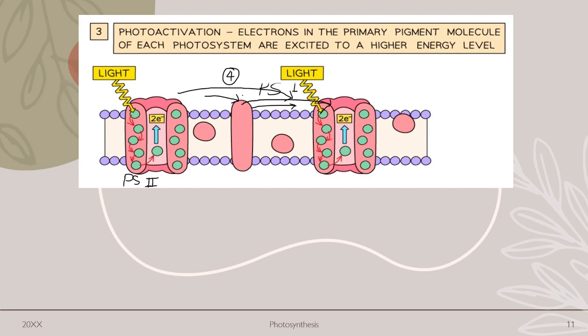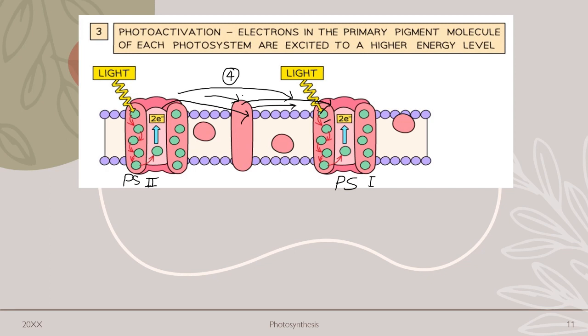Let me show you. This is photosystem 1, and this is photosystem 2. When the electrons are pumped into the proton acceptor, they are then promoted into photosystem 1, and then the process of cyclic photophosphorylation occurs.